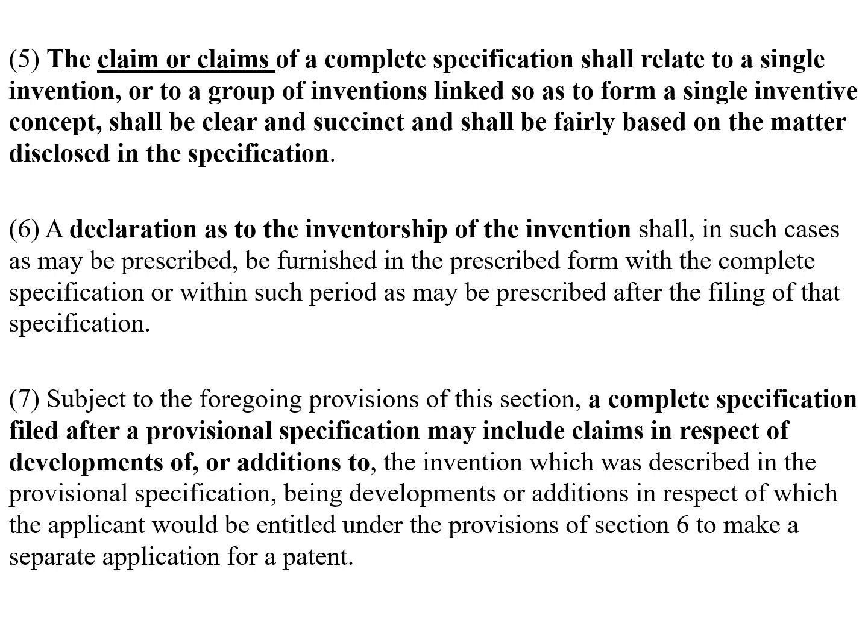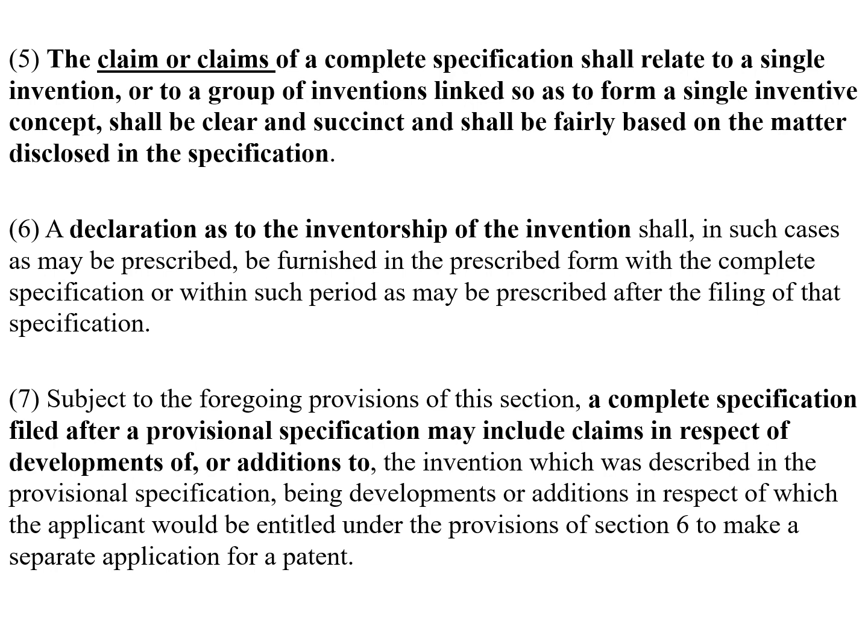Subsection 6 says that a declaration as to the inventorship of the invention is very important, and it should be furnished in the prescribed form, with the complete specification or within the period that is prescribed.